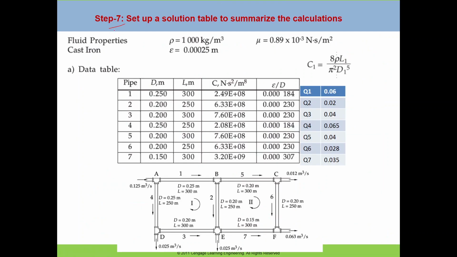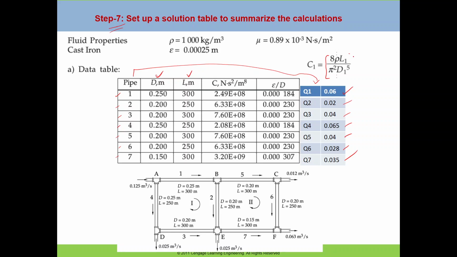Now moving to step 7: set up a solution table to summarize the calculations. We set up a table with all the pipe numbers, pipe number 1, 2, 3, 4, 5, 6, 7, and we know the flow rate in each of the lines, Q1, Q2, Q3, Q4, Q5, Q6, and Q7. We know the diameter and the length of each element.